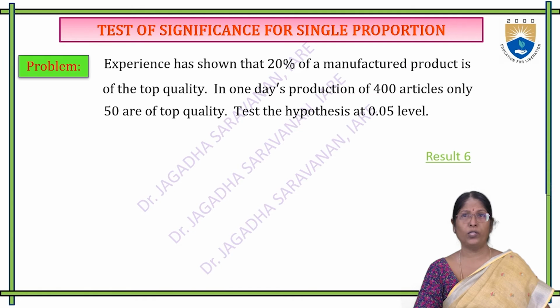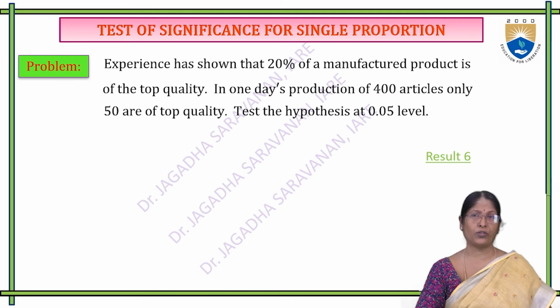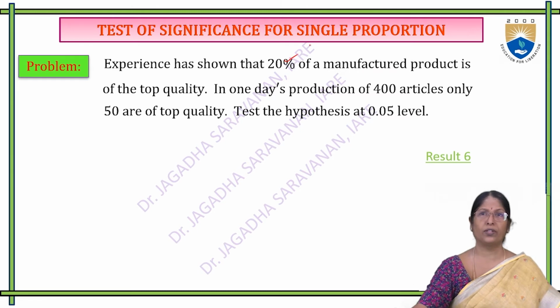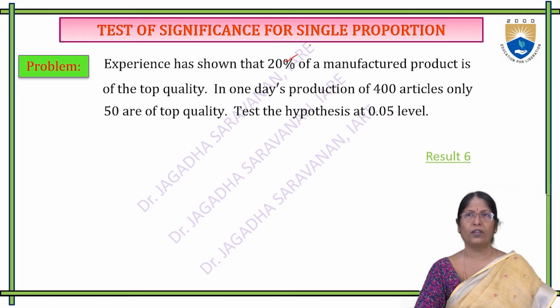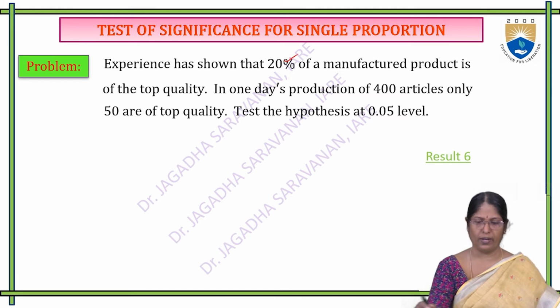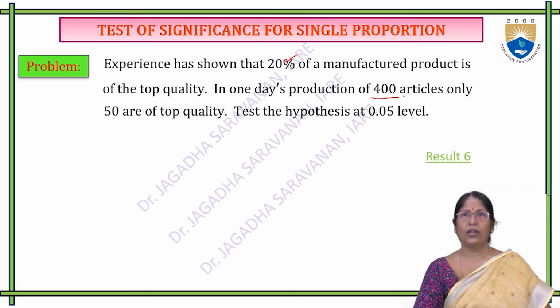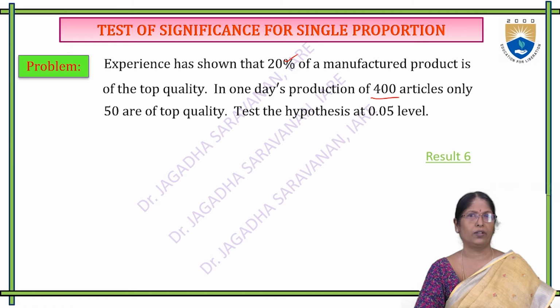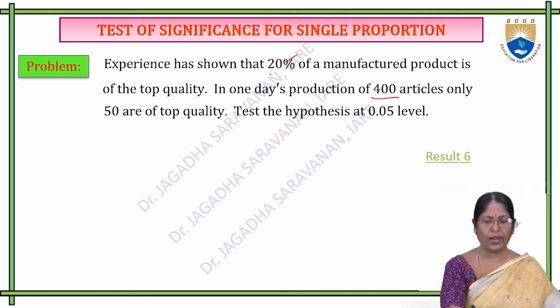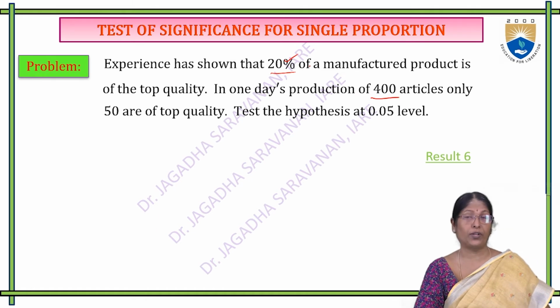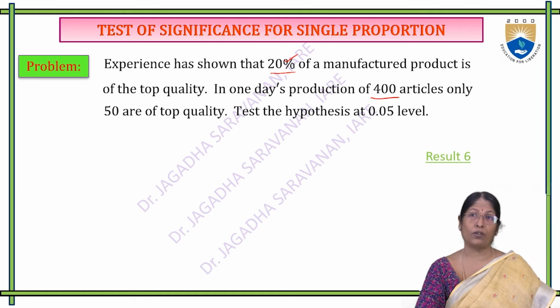In general, for all the products they manufacture, 20% is top quality. We are selecting 400 samples, and in those 400 samples we find 50 are top quality and 350 are not. Then, regarding the population, we have to accept or reject.